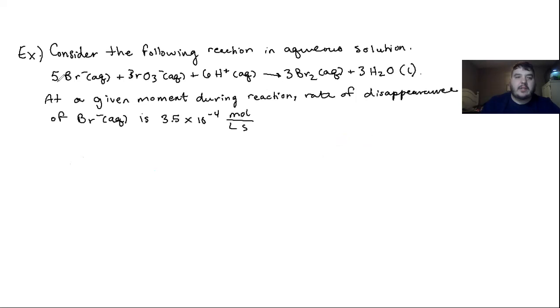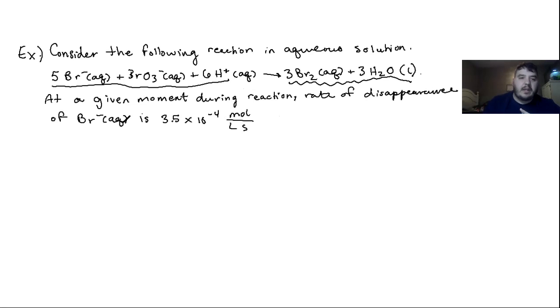Because if we look at this reaction, of course, for equilibrium to take place, the rate is going to go up on the product side and come down on the reactant side. So these are reactants over here on this end, and this is our products. So, of course, when we see the word appearance, we're talking about the concentration going up on the product end. So that's why it's asking the rate of appearance for diatomic bromine.